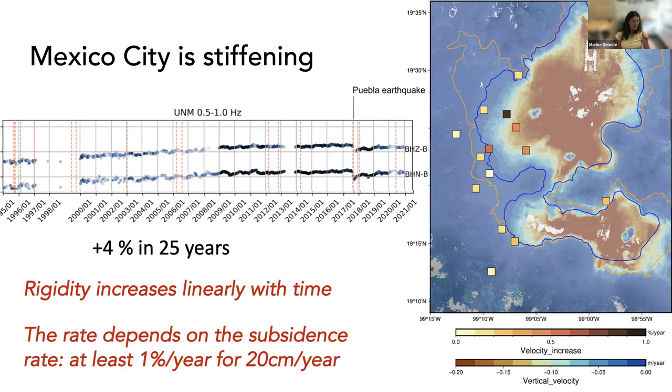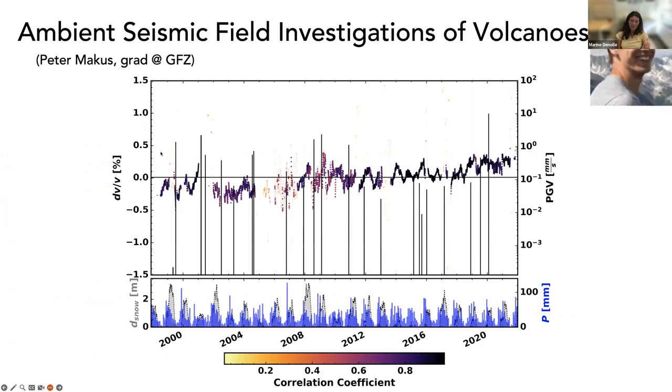Just wanted to tell you we're also doing that on volcanoes now, on this kind of time scale. So I'll show you briefly. I know this was kind of a lot of overview, but these changes in velocity we're doing at Mount St. Helens, where we're trying to capture the 2004 eruption and a precursor. Can we predict it?